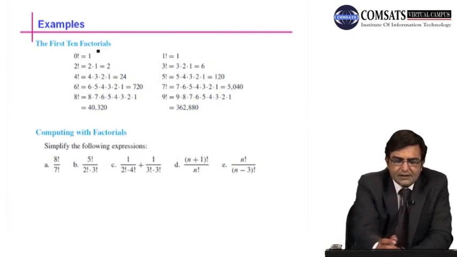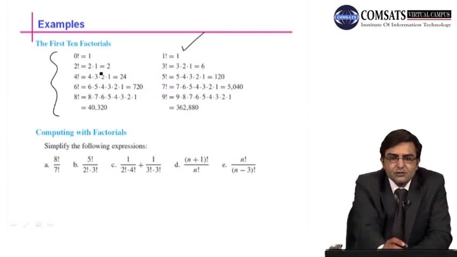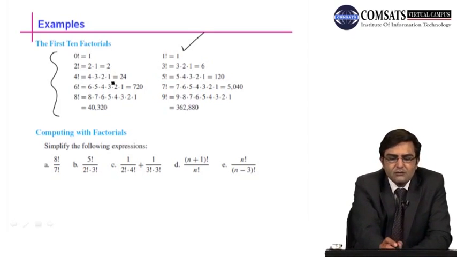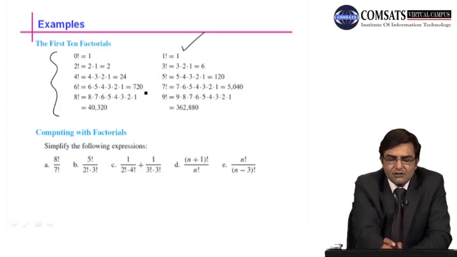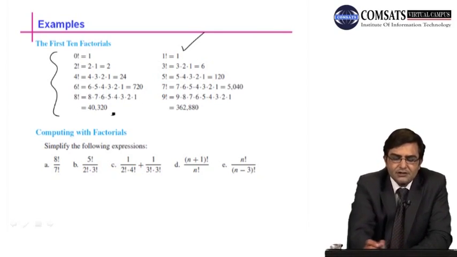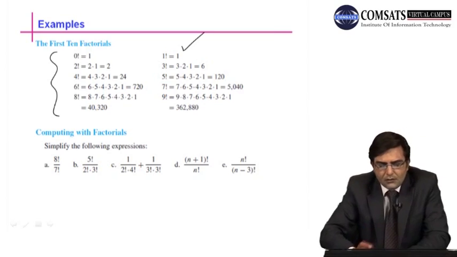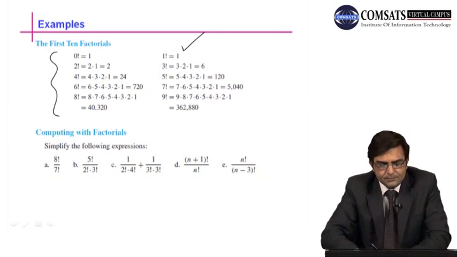The first 10 factorials: 0 factorial is 1, 1 factorial is also 1, 2 factorial is 2 into 1, which is 2, 3 factorial is 3 into 2 into 1, which is 6, 4 factorial is 4 into 3 into 2 into 1, which is 24, 5 factorial is 120, 6 factorial is 6 into 5 into 4 into 3 into 2 into 1, which is 720, 7 factorial is 5040, 8 factorial is 40,320, 9 factorial is 362880.